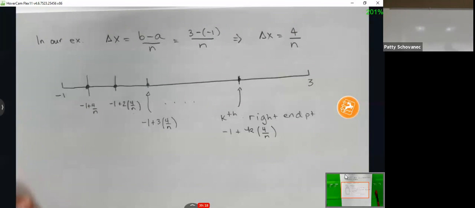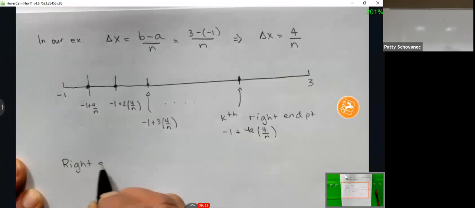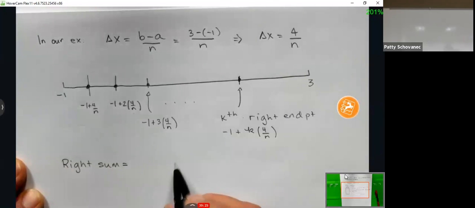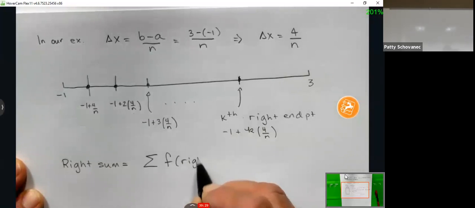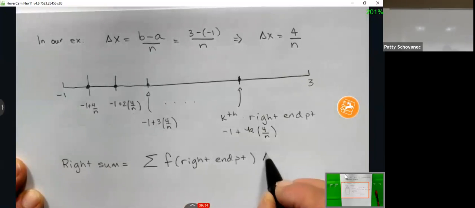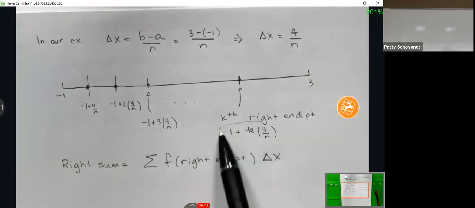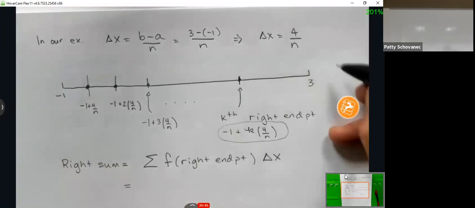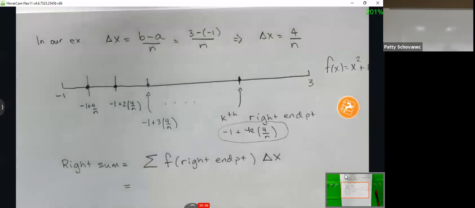And so when I write my sum, I'm going to have my summation of f at each of these right endpoints times my delta x. Now let's use our general formula for our right endpoint. And our function, recall, is x squared plus 1.